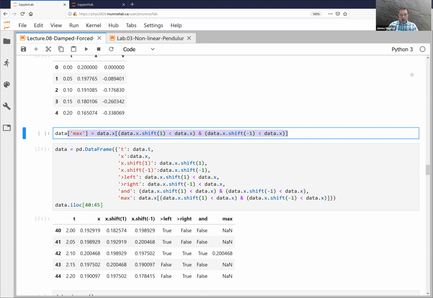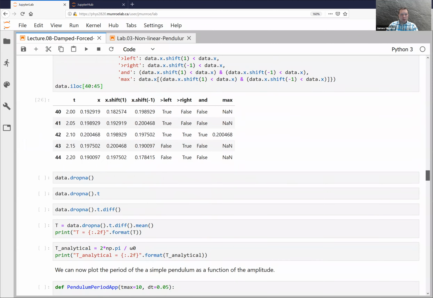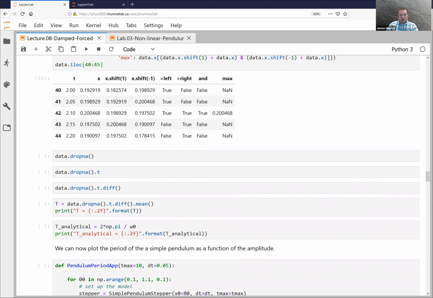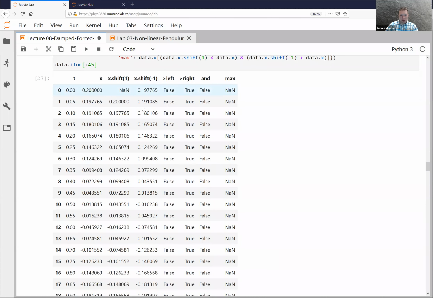Okay, so after this has all been gone through as a piece of logic, what's the next thing I do with my program? I take that new table, and you see how there's a bunch of NaNs. That stands for not a number. Now I could look at the entire table. I could look at the first 45 rows, okay? It's a pretty boring table. Most of the rows have not a number because those are not maxes anywhere in the program.